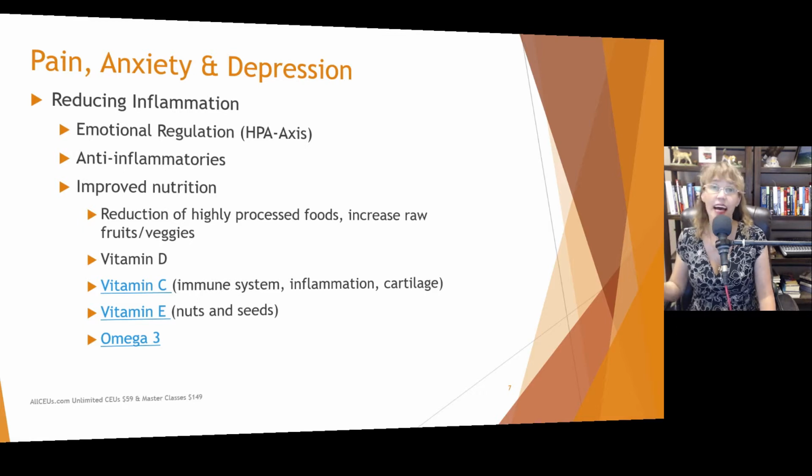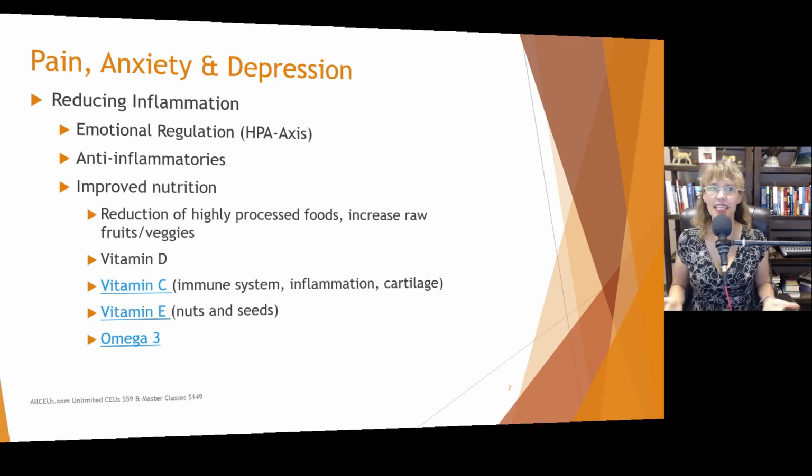Heck no. They have side effects. It's something to talk about with your doctor. It's not something to take lightly, but it is interesting to note the strong, almost one-to-one connection between inflammation and dysphoric moods.